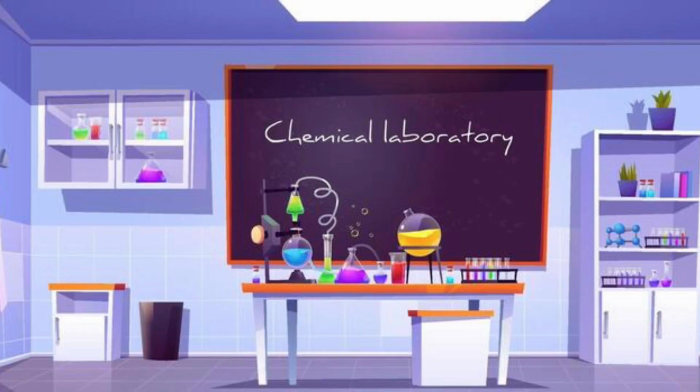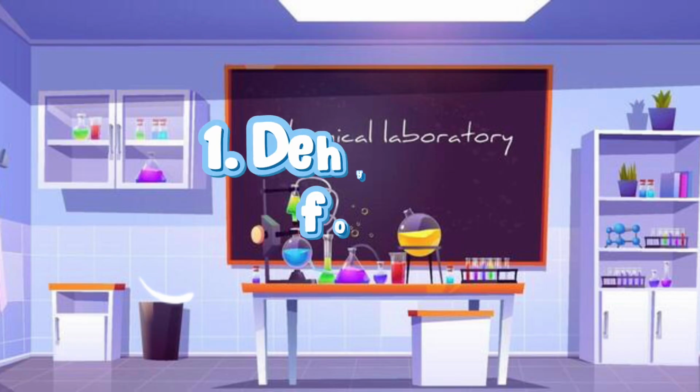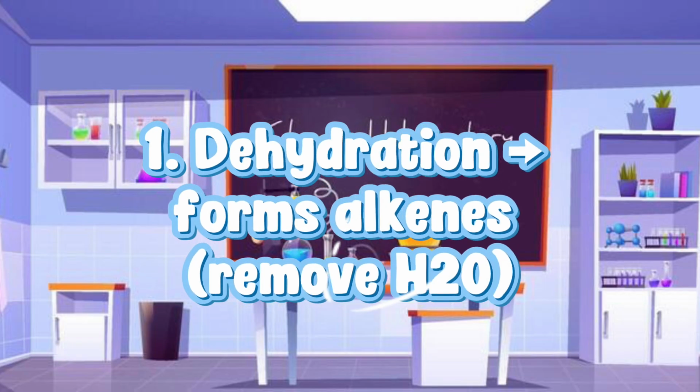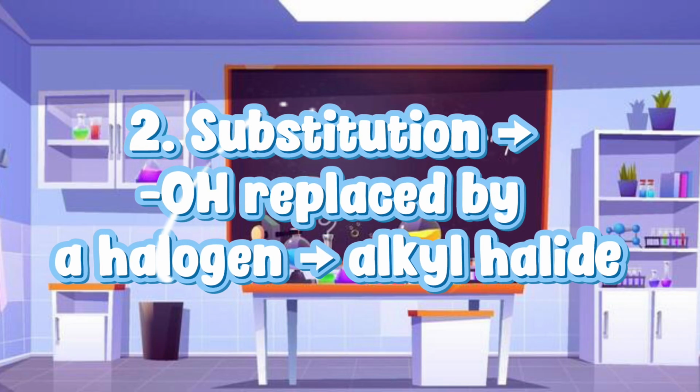So basically, alcohols can undergo three major reactions. The first one is dehydration, which removes water and makes it into an alkene. The second one is substitution, which replaces the OH with a halogen and then it turns into a halide.